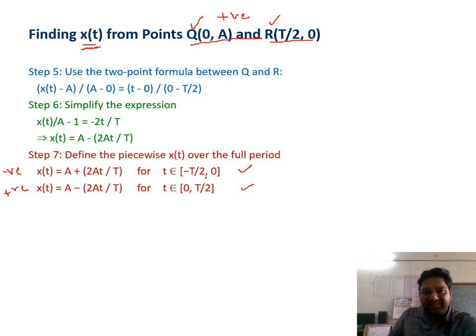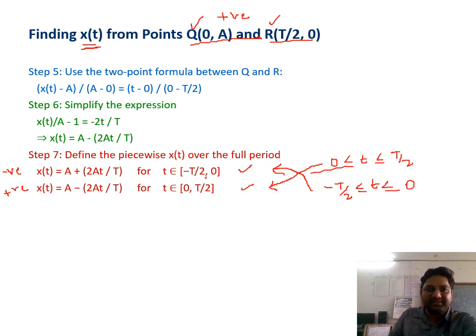Instead of writing t belongs to minus T by 2 to 0 and t belongs to 0 to plus T by 2, we can also write it in terms of limits in this format. So this goes for this one, and this is for this one. I have written it the other way around, so please make a note of that.